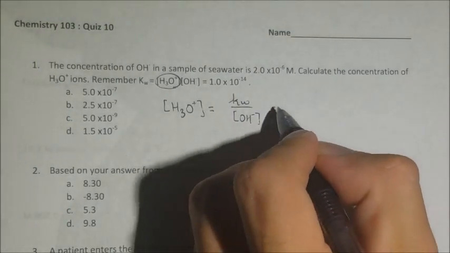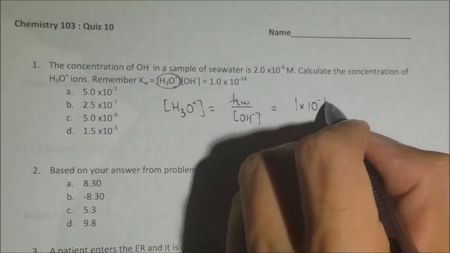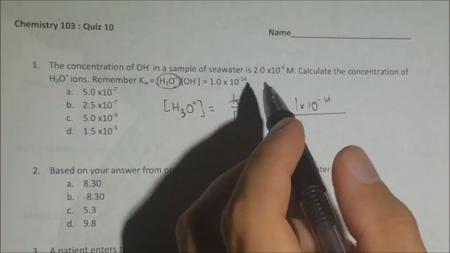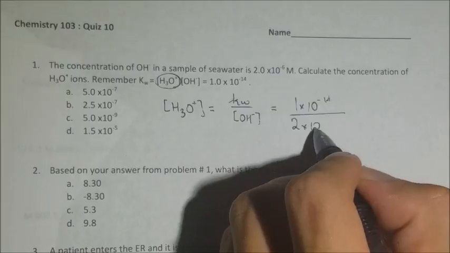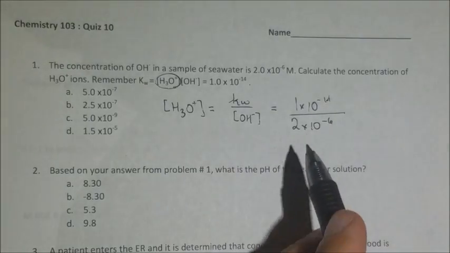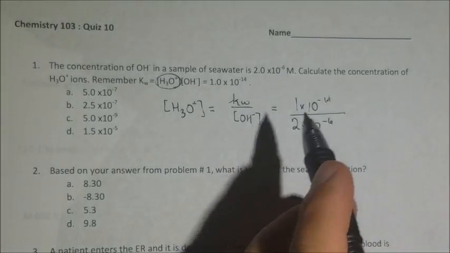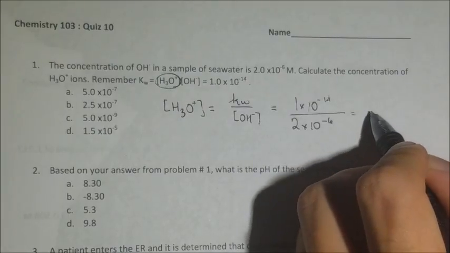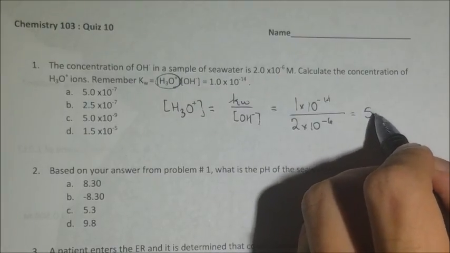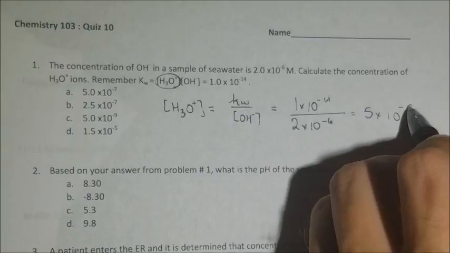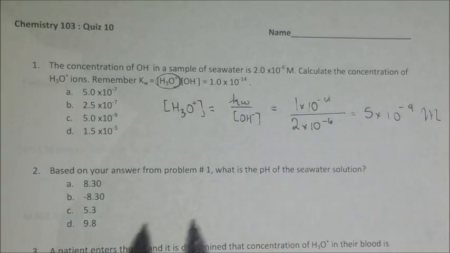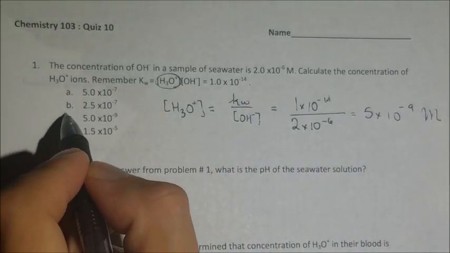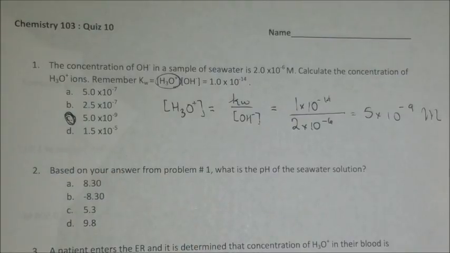So now, Kw is 1 times 10 to the negative 14th. We want to divide that by 2 times 10 to the negative 6th. So that's the concentration of hydroxide, and that gives us the concentration of H3O plus, which would be 5 times 10 to the negative 9th molar. All right, so the correct answer for number one is C.